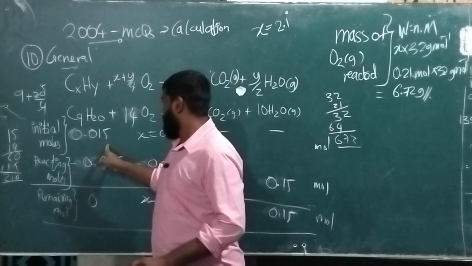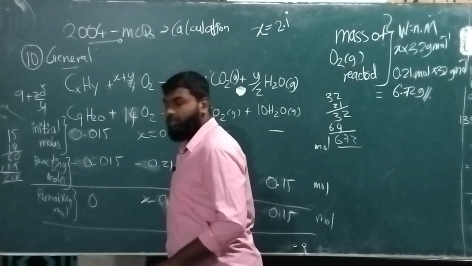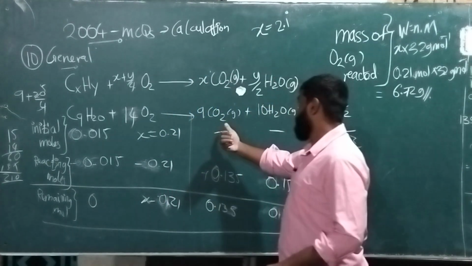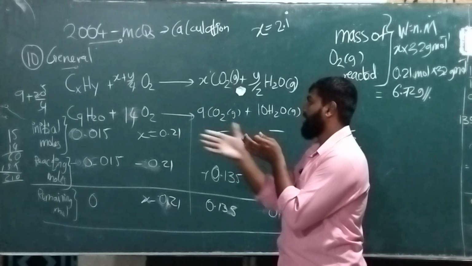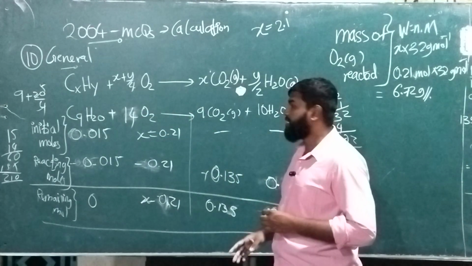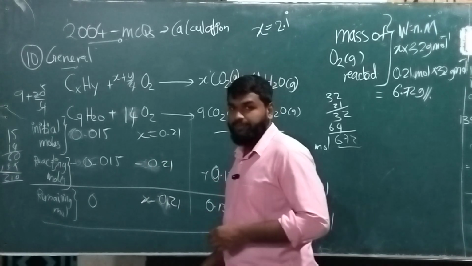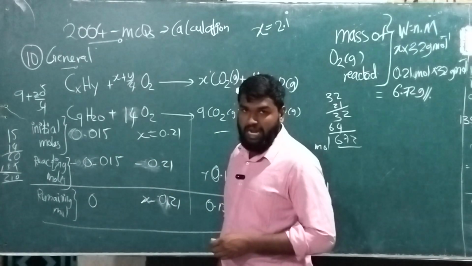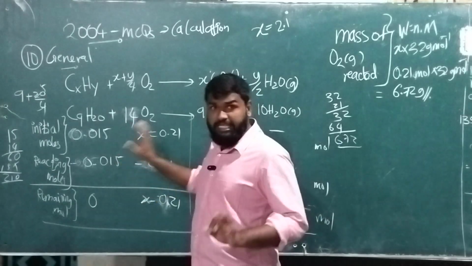If the hydrocarbon was completely reacted, this means O2 is also completely reacted here. They have given the products formed during the complete combustion of the hydrocarbon, so there was no excess oxygen here. So both of these are completely limiting reagents.